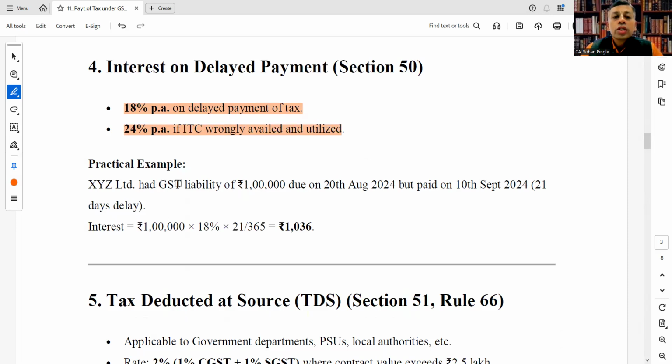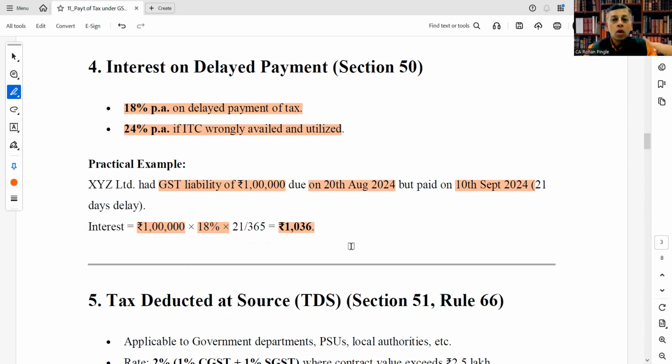Let's see a practical example. XYZ Limited had a GST liability of rupees 1 lakh due on 20th August 2024 but paid on 10th September 2024. That is a delay of 21 days. So interest will be calculated as rupees 1 lakh into 18% for 21 days divided by 365 days, which is equal to rupees 1036.